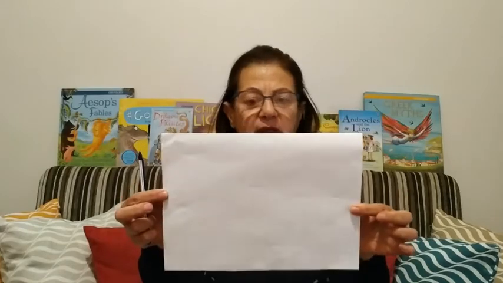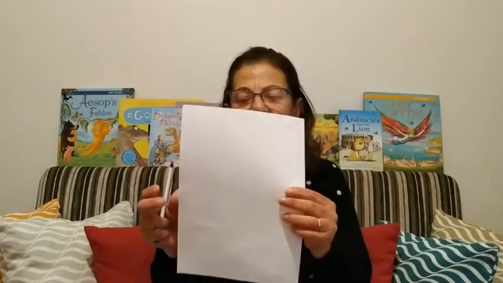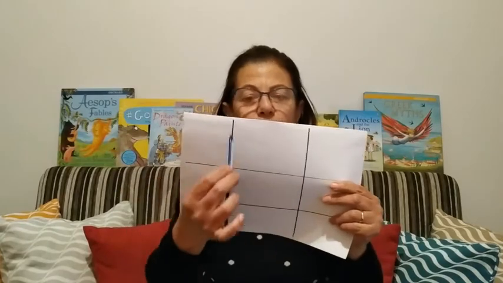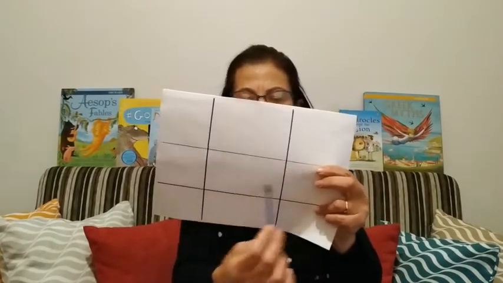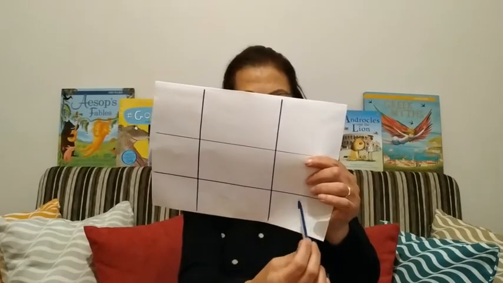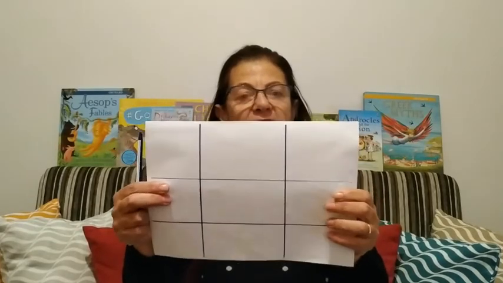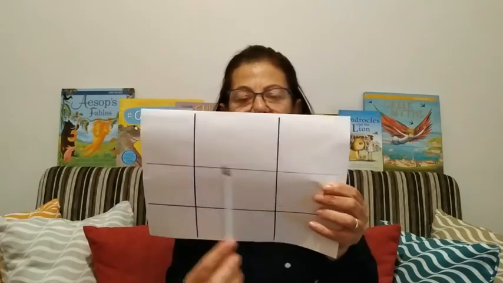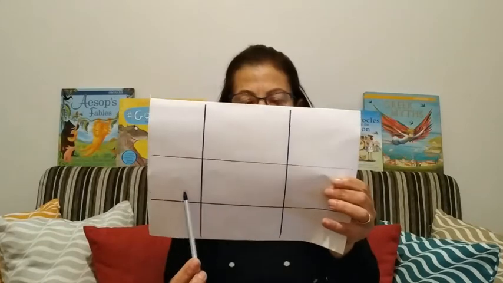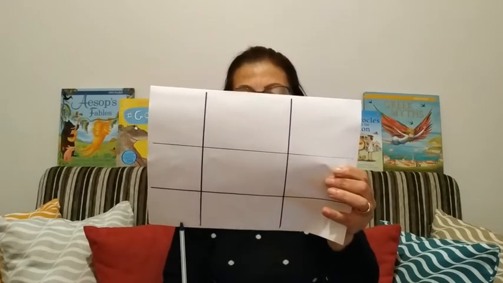You can hold it in landscape or in portrait. And the important thing is that you make 2 vertical lines and 2 horizontal lines. So now you have 9 boxes. 1, 2, 3, 4, 5, 6, 7, 8, 9.